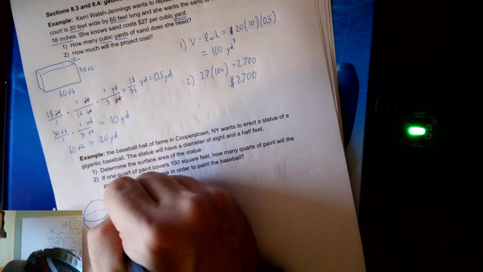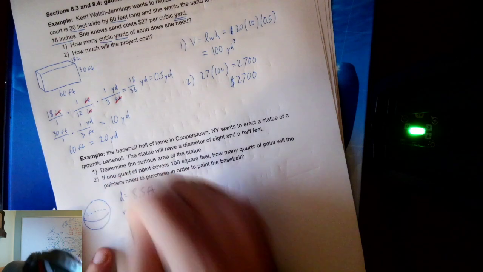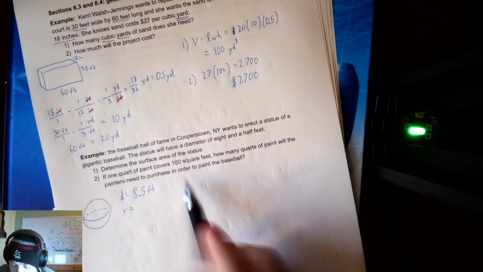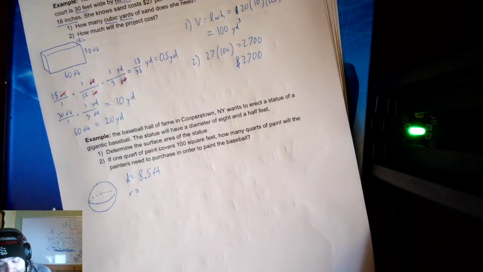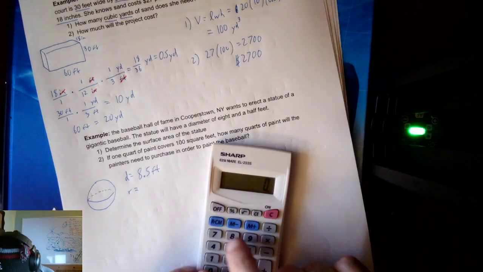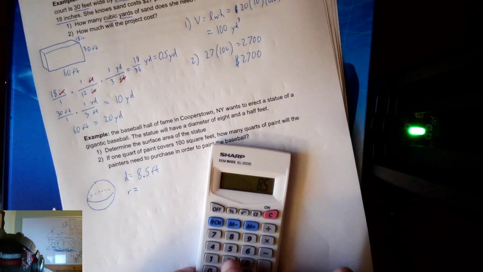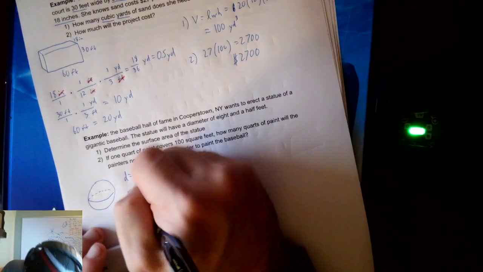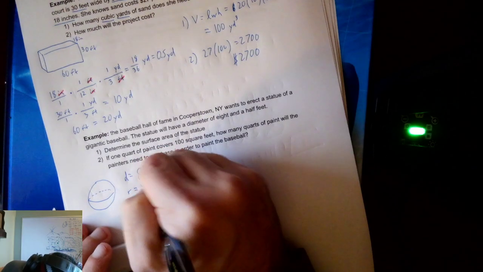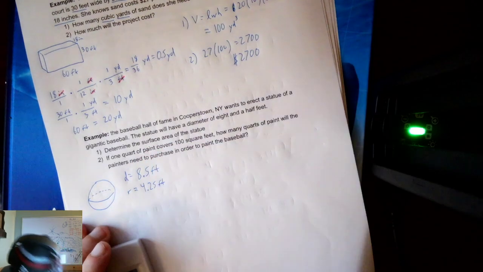Well, let's take a look. We're looking at a sphere. Now, I wrote R here. I need the radius. Remember, the radius is always half the diameter. 8.5. If I take half of that, that's 4.25, right? 4.25. So the radius is 4.25 feet.